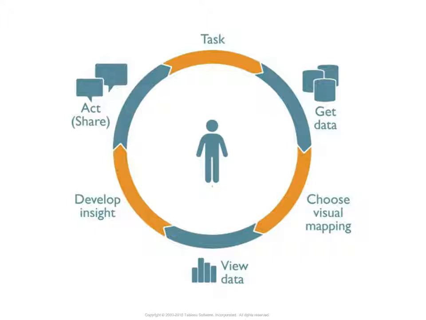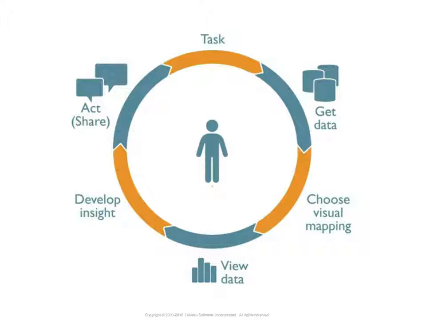The first step in the cycle is to go get the data for the task. And then you choose a visual mapping for the data, because it's much easier for people to work with data when it's in visual form. You look at the graphical view of your data and then develop some insight and go off and act on it. This is the basic cycle of work when people are working with data.